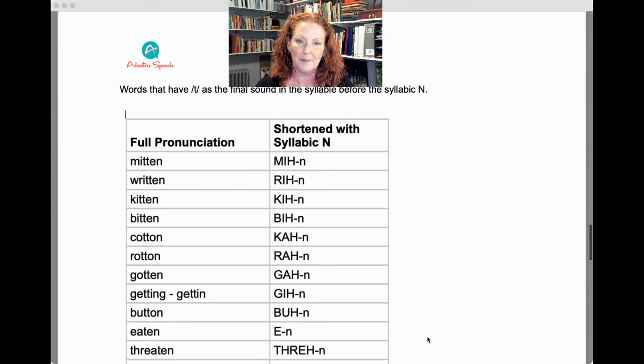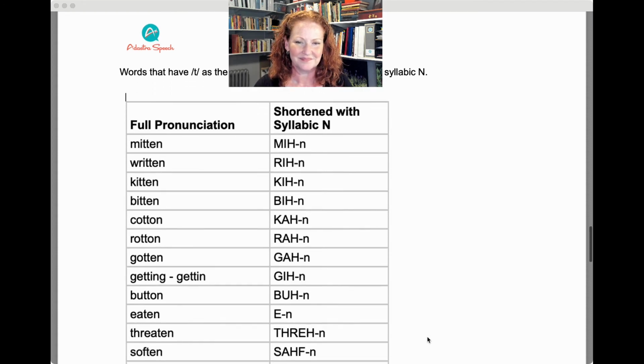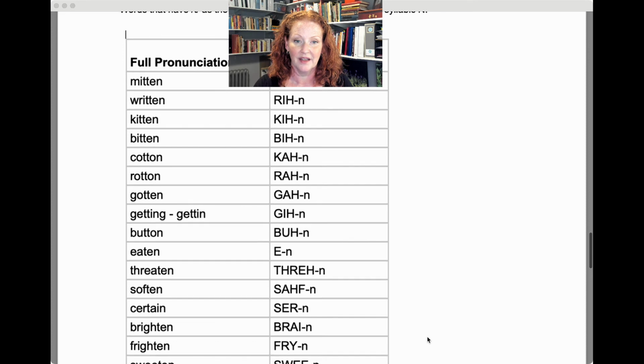So mitten, written, kitten, bitten, cotton, rotten, gotten. And instead of saying getting perfectly, you can say gettin', or gittin', as I would probably say.